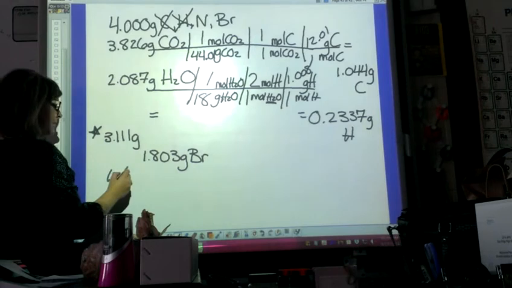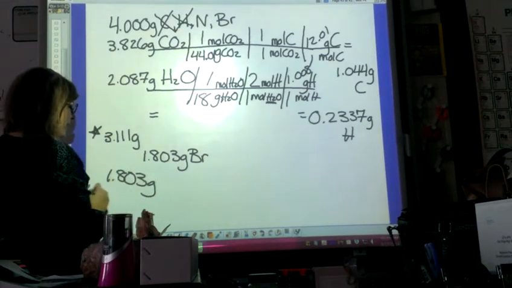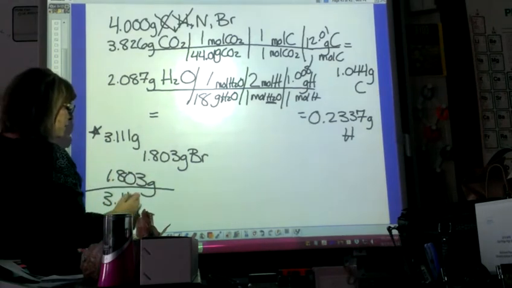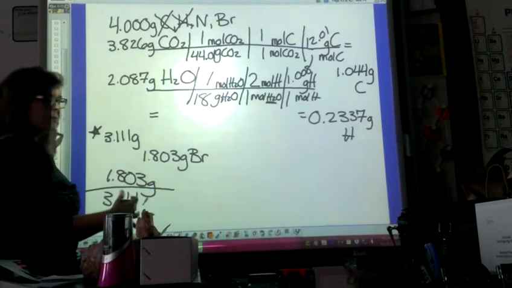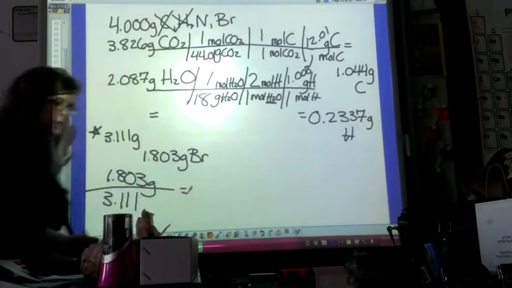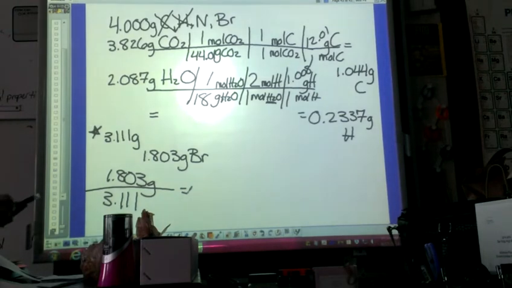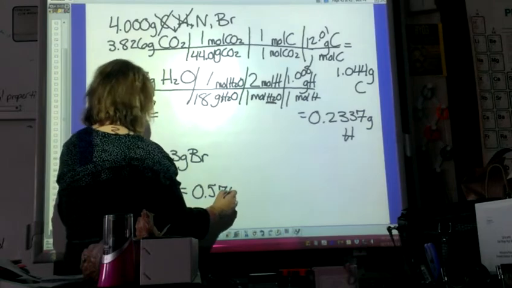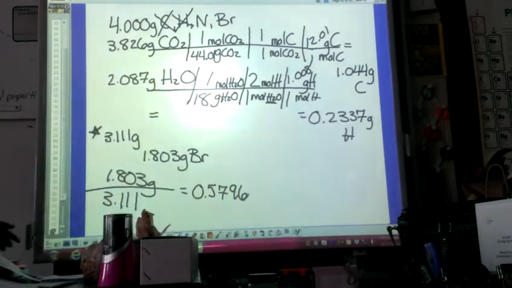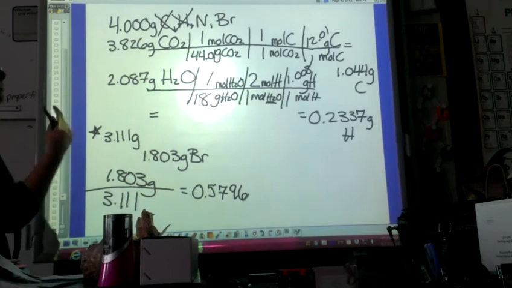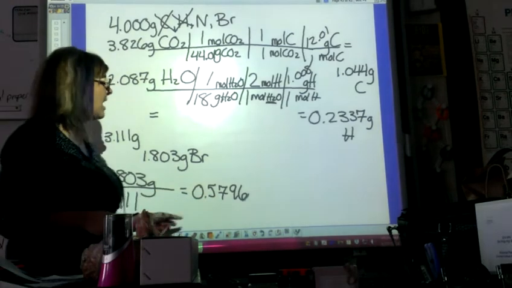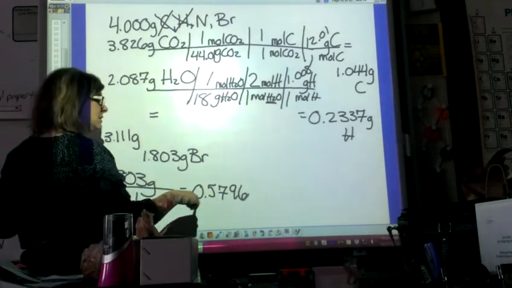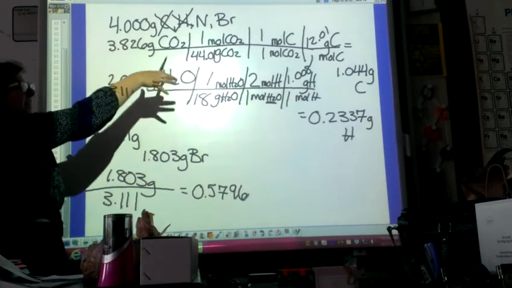So if I did 1.803 grams over 3.11 grams and find a percentage, or the fractional abundance, I get 0.5796. So that means that bromine should be occupying 57.96% of this 4 gram sample.